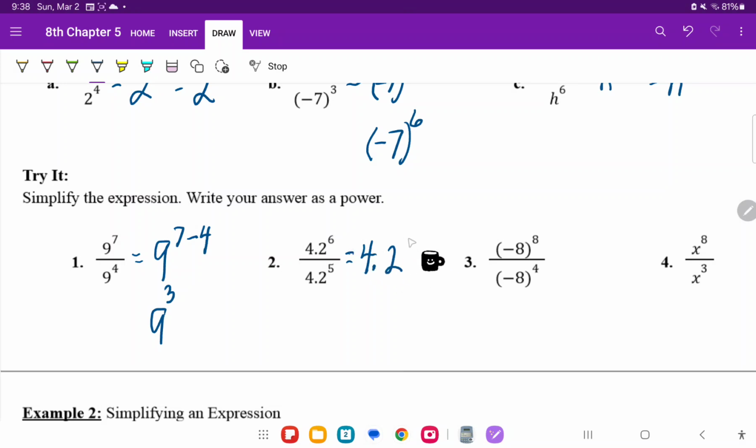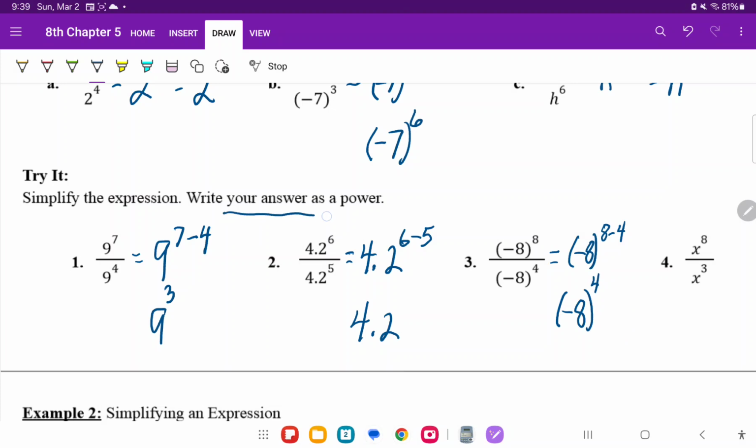So then we have for the exponent 6 minus 5. So that is going to be 4.2 to the 1st. But we don't need to write the 1, so that's it. Then on number 3, it is -8 to the 8 minus 4 power. So that is -8 to the 4th power.